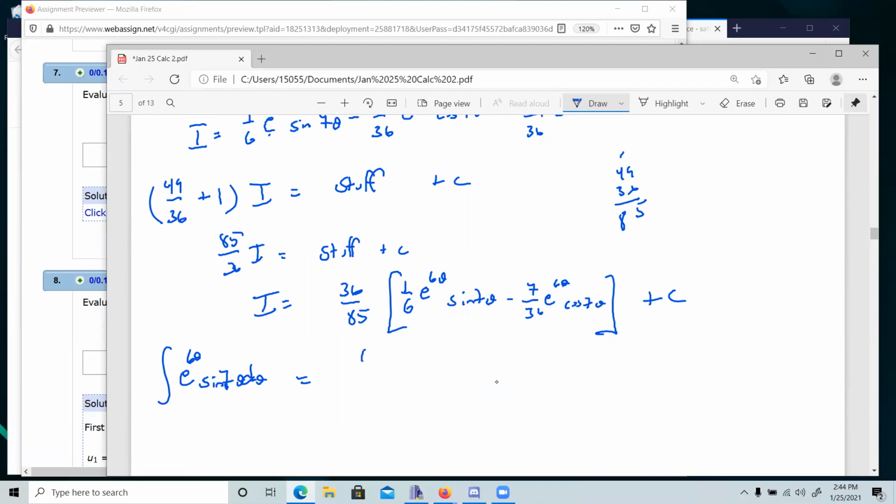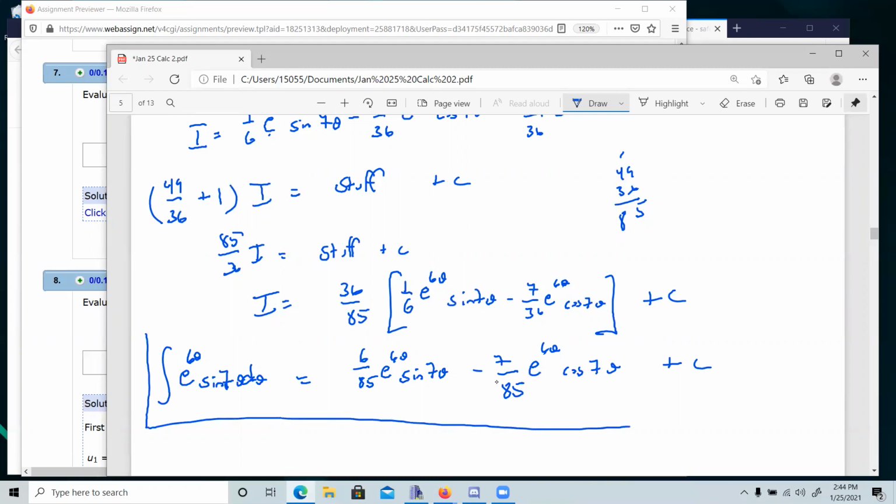So we have 6/85 e to the 6 theta sine 7 theta minus, both of those cancel, so we have minus 7/85 e to the 6 theta cosine 7 theta and plus C. And that is how you do one of those.